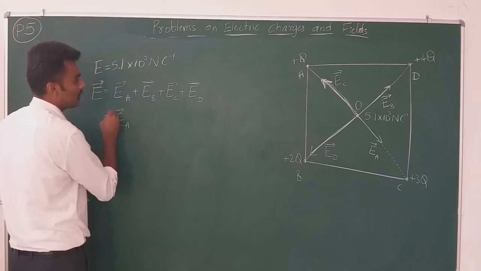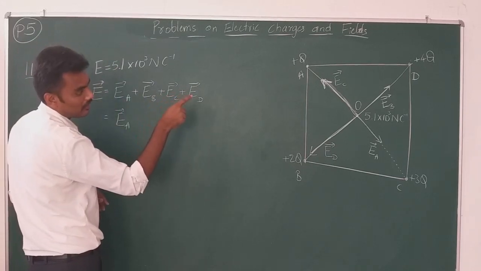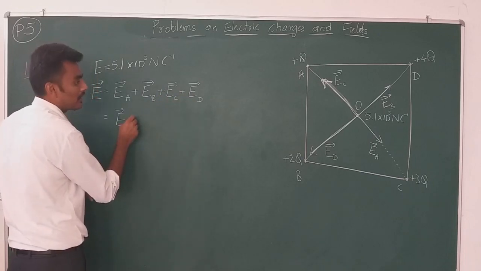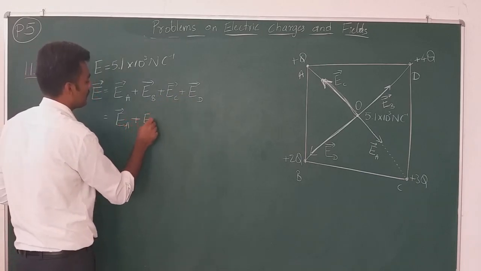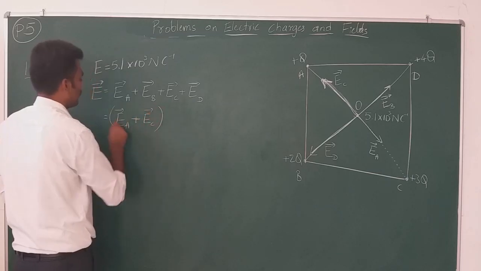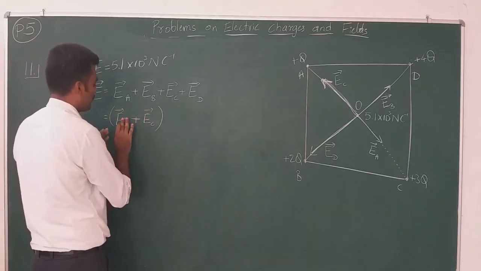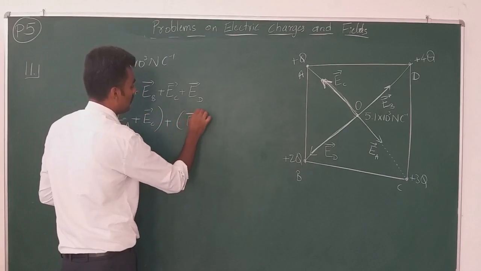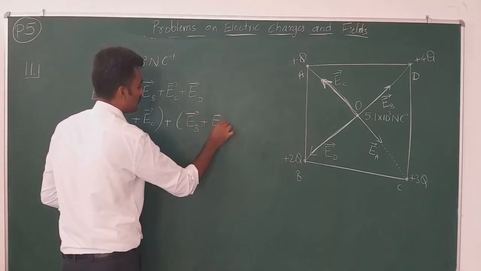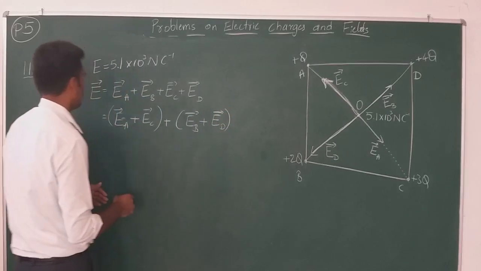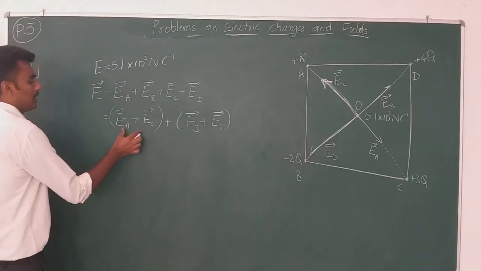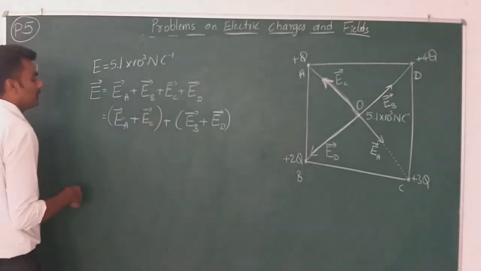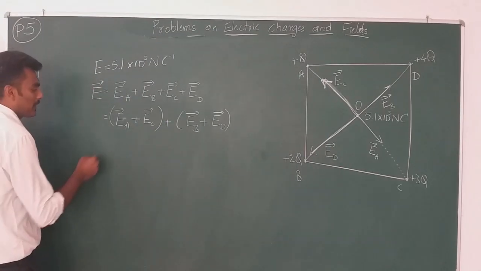I will group EA with EC because they are opposite to each other. I can simplify them easily. EA plus EC, plus EB plus ED. Now, let me simplify these two separately and these two separately, then bring back the values and simplify that.